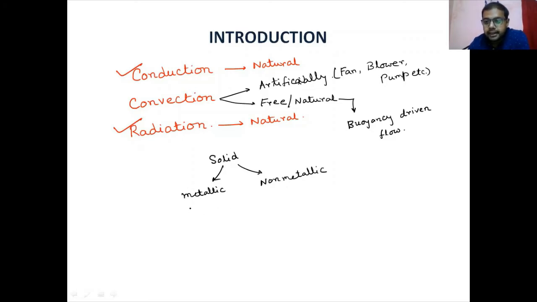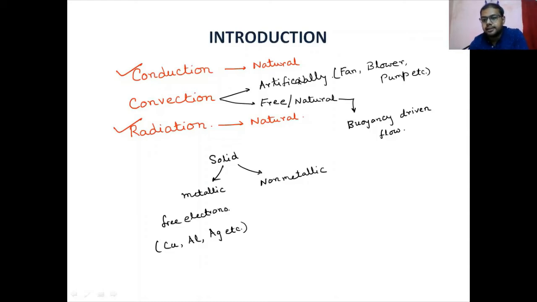Those solids which are metallic, their conduction is happening due to free electrons or valence electrons. Which are the metals? Like copper, we can say aluminium, steel, then silver, etc.